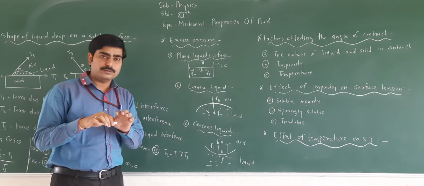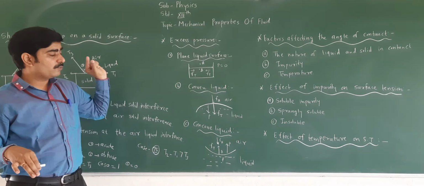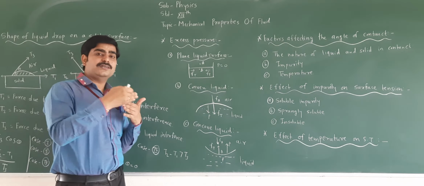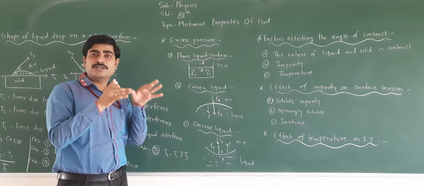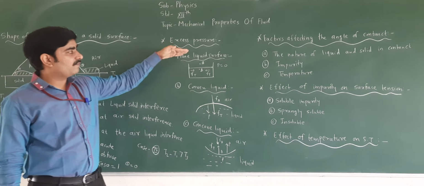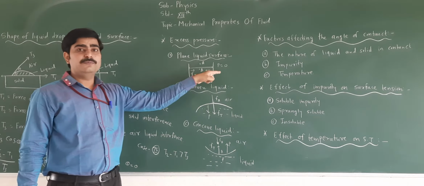In your textbook, a large explanation is given, but what is important, I am going to explain, which you have to remember for your CET, JEE, NEET examination as well as for the board examination. If the liquid surface is plane, then the pressure will be 0.